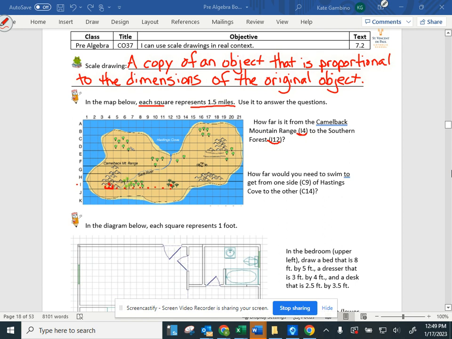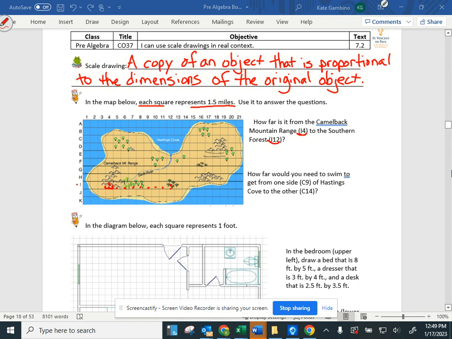Emily? 13.5 miles. That's what I got. Interesting. Well, that's not what he put on there. What I'm thinking is if we're starting here, we just count the squares after it.